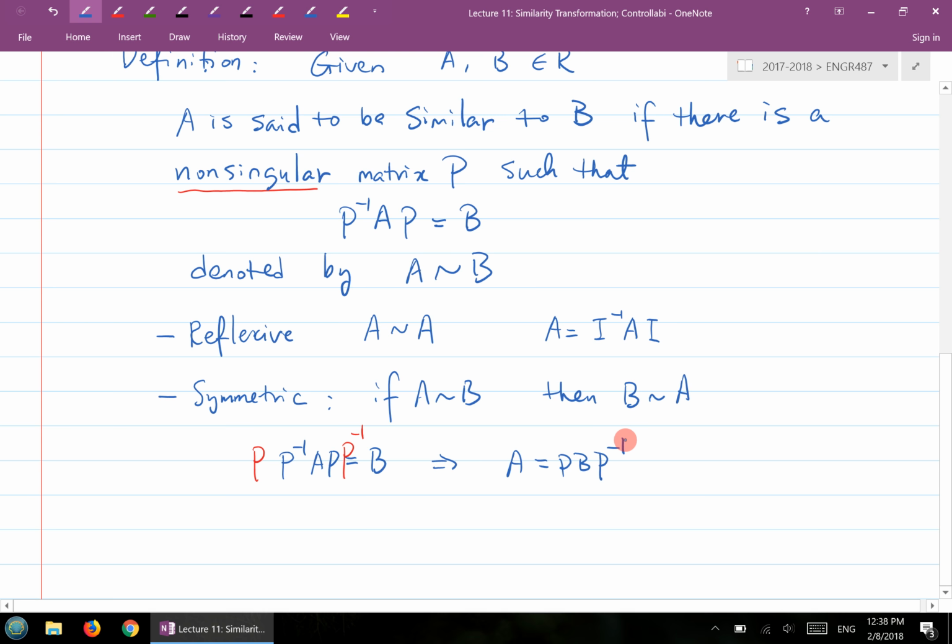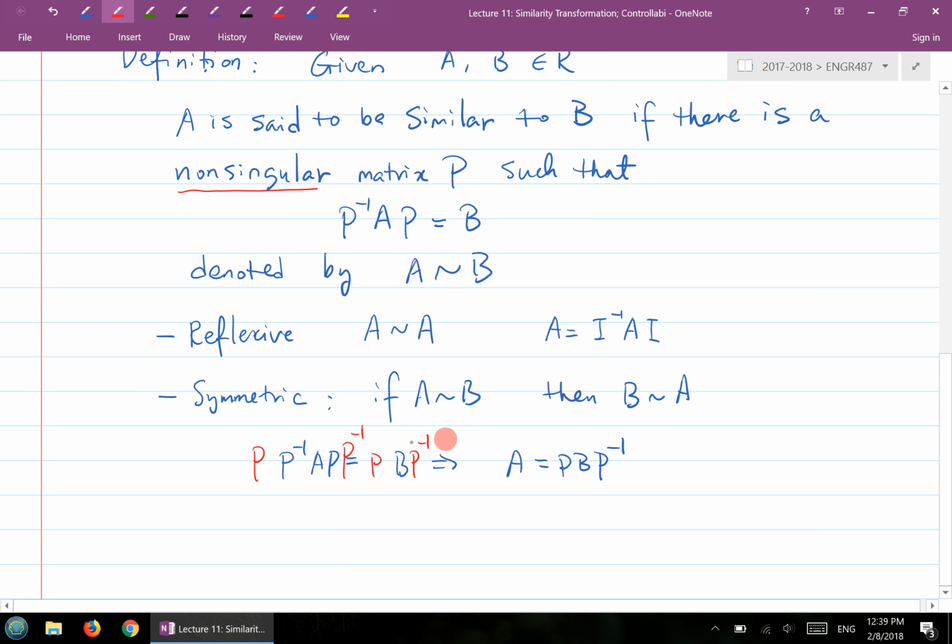So we move the P matrix to the other side and get A equal to this. This is the same format as the definition of similarity, but backwards: P inverse is after the B here, whereas in the definition P inverse is before the A.